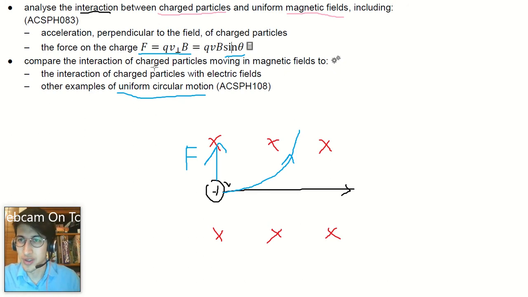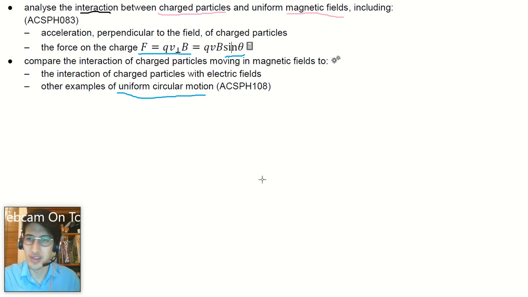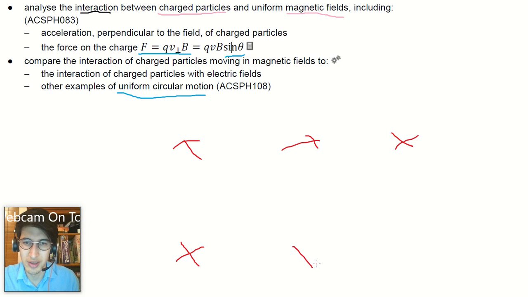So let's reset again. Let's think about how this is similar to uniform circular motion. So if we have a big enough magnetic field, say it's really, really big, it's taking up all this space, and we have our proton, and our proton's moving this way.